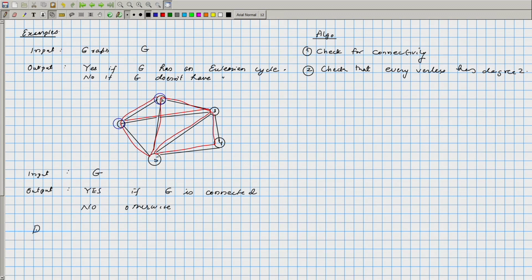The familiar DFS algorithm can be modified to check if the graph is connected. You start at any particular vertex and do the DFS and keep track of the number of vertices visited. If it is equal to the total number of vertices in the graph, then it is a connected graph, otherwise it is not a connected graph. So, this problem also belongs to P. There is a polynomial time algorithm which solves this problem.